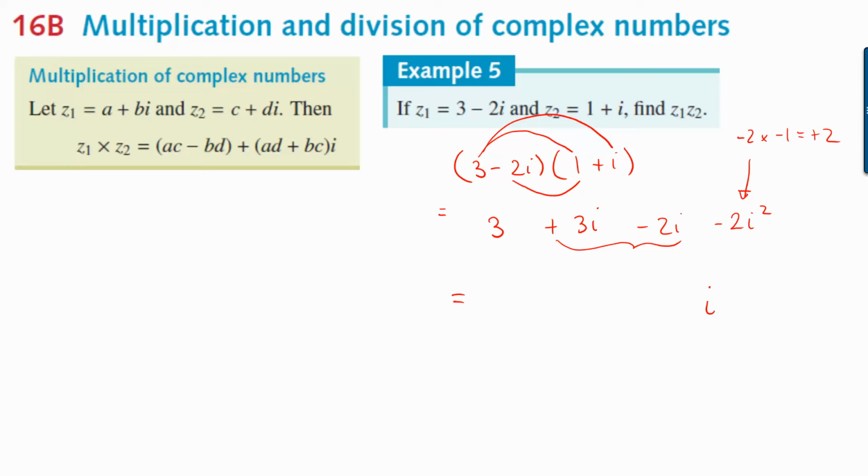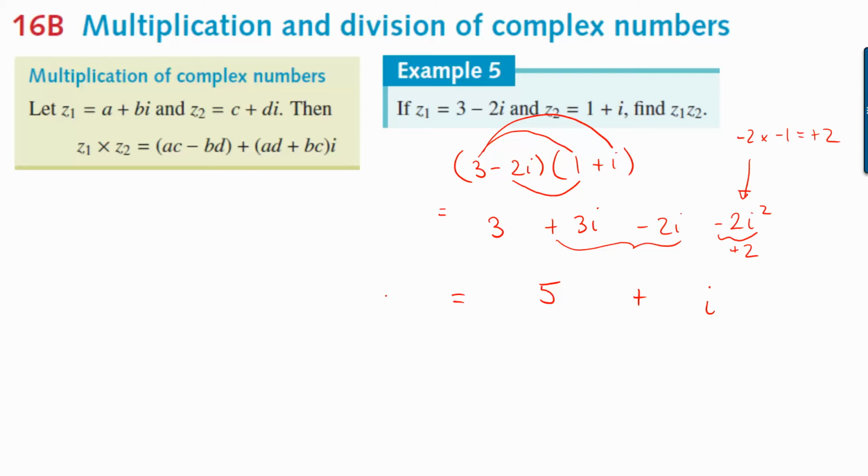So overall, instead of writing negative 2i squared, I can write that as positive 2. So if I now add my real values, this no longer has an i value. It's no longer an imaginary number. It is now positive real value 3 plus positive real value 2. That gives me a total of real value 5.